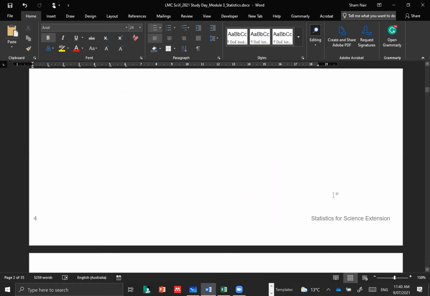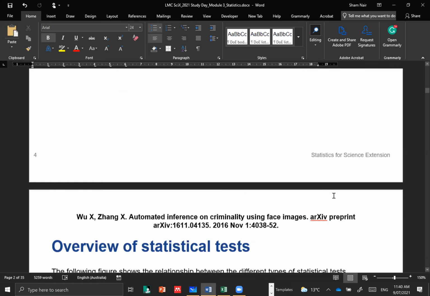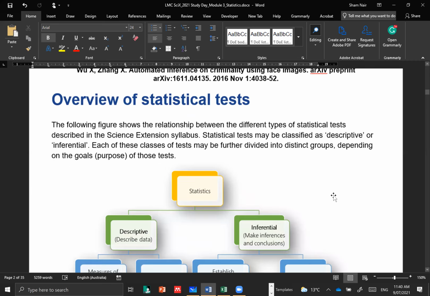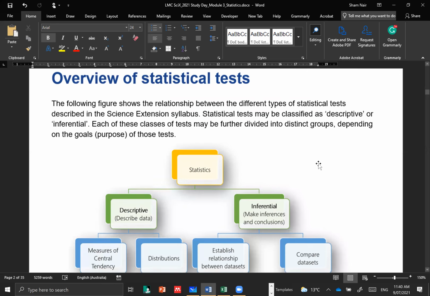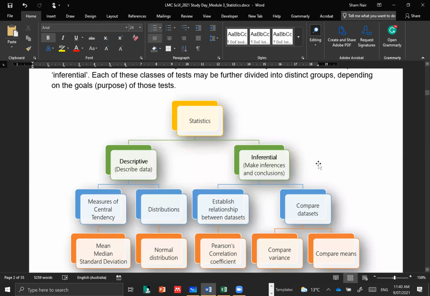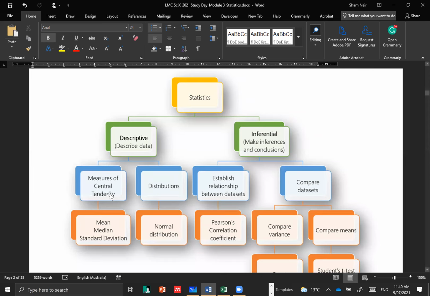Okay, so those are just some introductory messages about the importance of statistical thinking in science. So one of the things we all need to know as far as the syllabus is concerned is the distinction between descriptive and inferential statistics. So statistics is broadly defined into these two groups, descriptive stats and inferential stats.